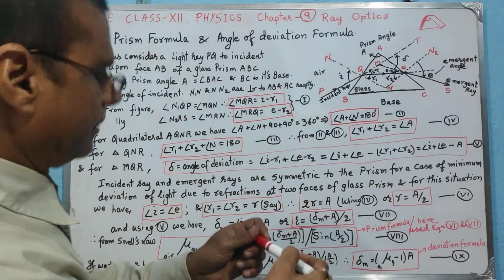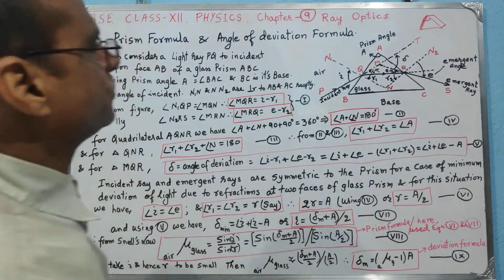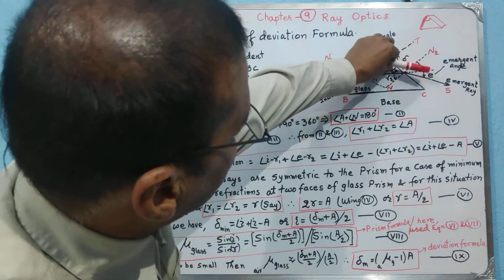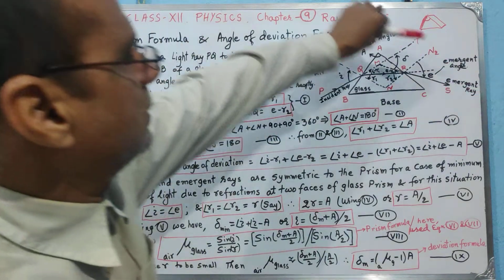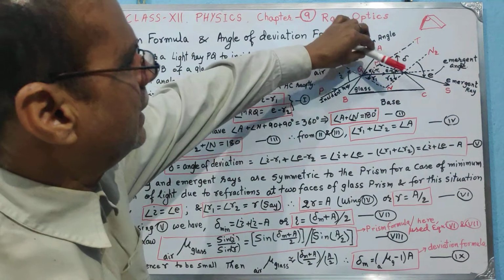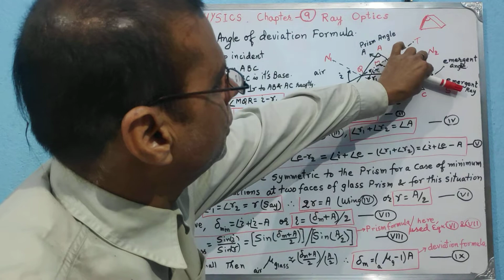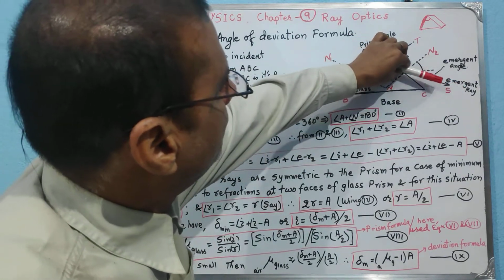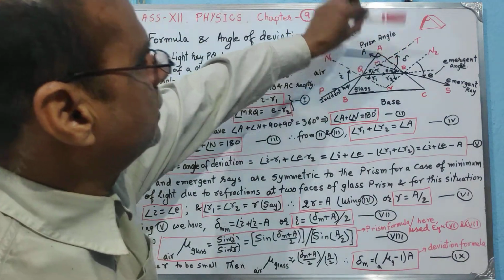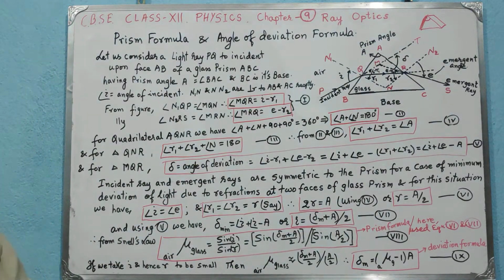We can have this angle of deviation given by angle TMR, that is the angle by which the original ray was deviated after emerging out of the glass prism. This was the original direction of the light, and this is the final direction of light after emerging out of the glass prism. So the angle between the emergent ray and the original incident ray is known as the angle of deviation. That is the angle by which the light ray is deviated from its original path.